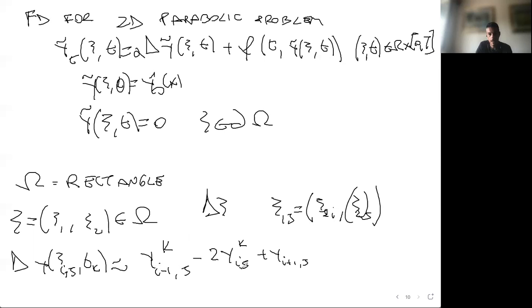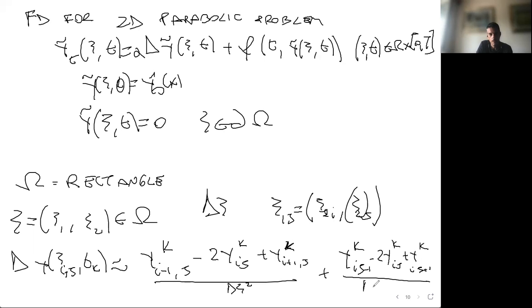So this is in the i direction, so in the first variable, over delta ξ squared, plus y_{i,j-1,k} minus 2 y_{i,j,k} plus y_{i,j+1,k} over delta ξ squared.